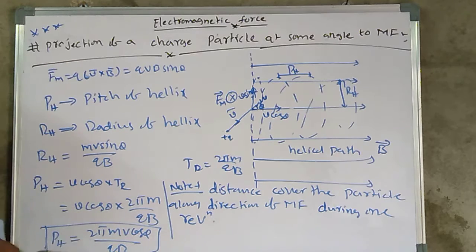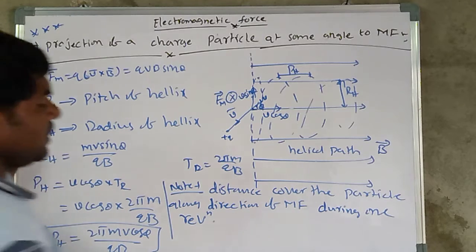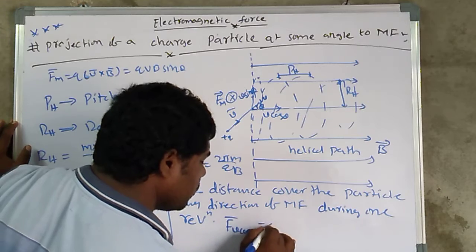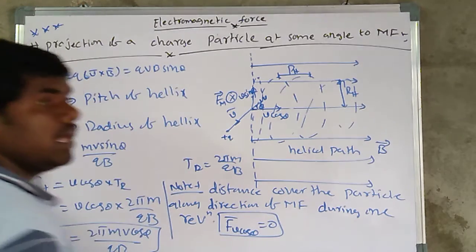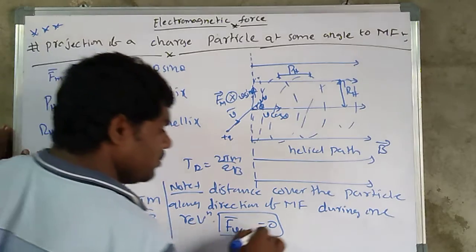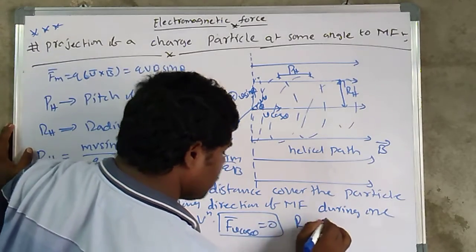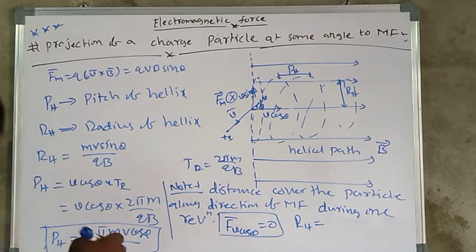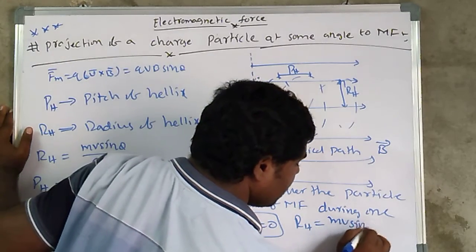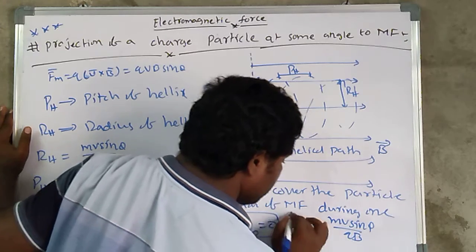So one complete rotation, one complete revolution, nothing but one complete rotation. Here the velocity along the v cos theta direction is equal to 0, first point. And here the radius of the helix, R_H, is equal to mv sin theta divided by qB.